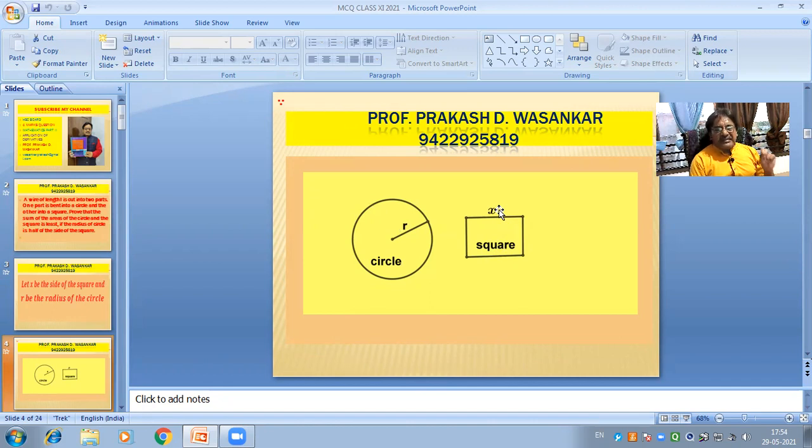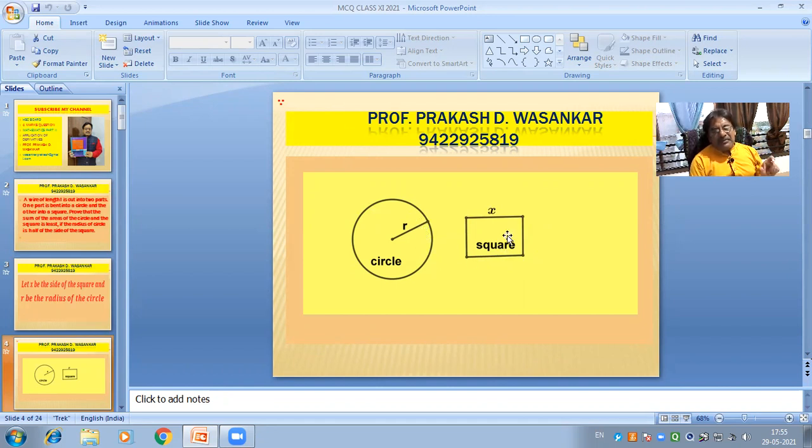It is given in the problem that the length of the wire is L. Therefore we get one equation: L is equal to the circumference of the circle plus the perimeter of the square. And we know the formula from 10th standard, the circumference of a circle is 2 pi r.